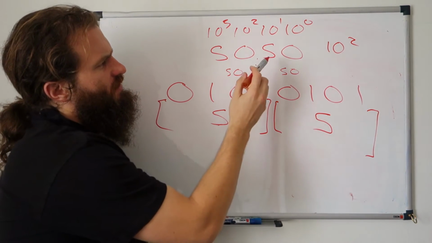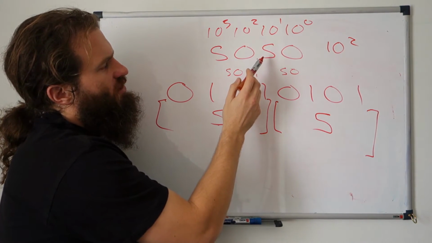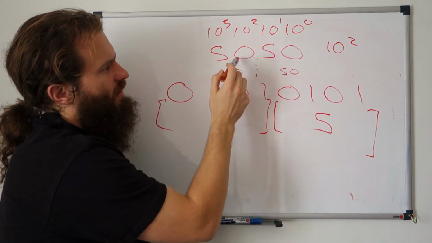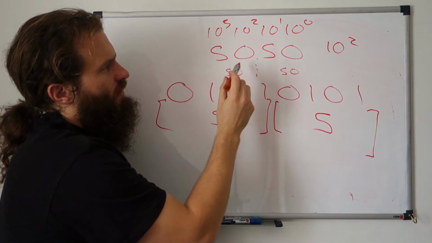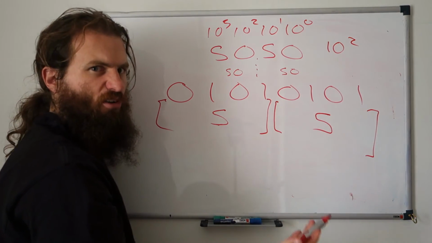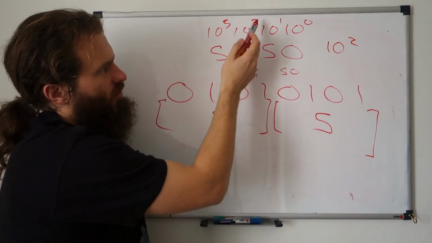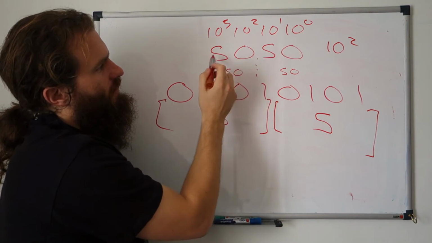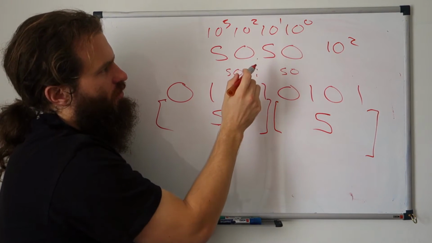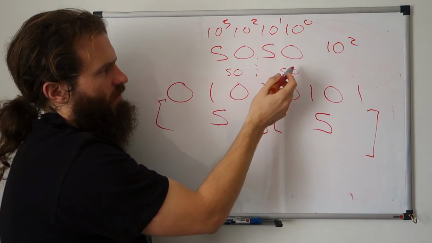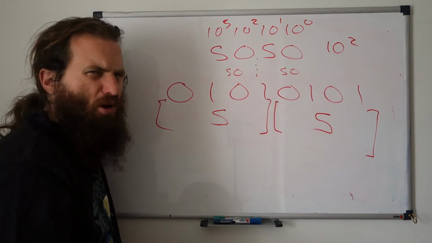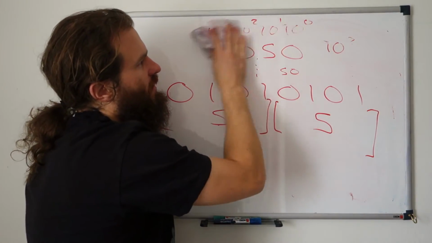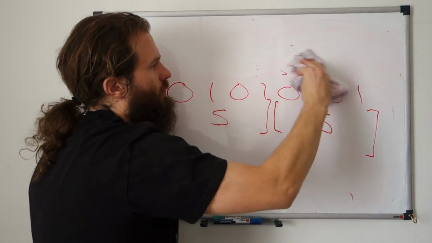So what this means is that each digit that rolls over in here represents 100, right? It's 10 to the power 2. So we can think of this being 50 times 100 plus 50. That might seem a bit cryptic and obvious, but let's go back to the binary system.